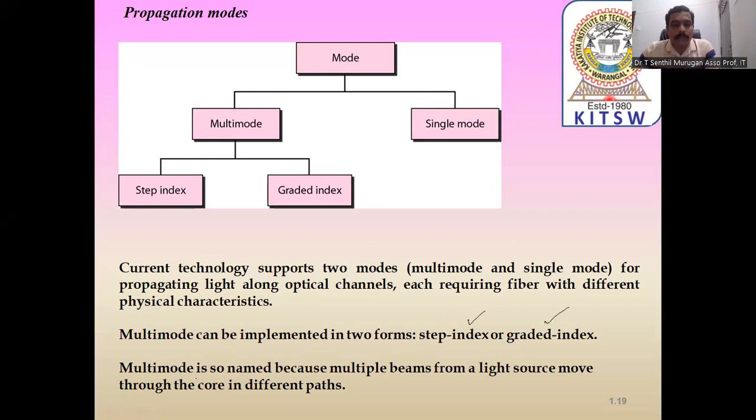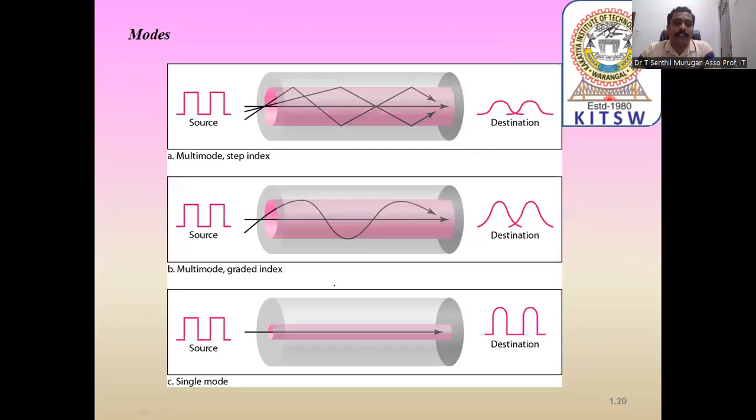What is multi-mode? Multi-mode means multiple beams of light sources move through the core. So in a single core, multiple signals are there. If multiple beams are transmitted in the core, then it is called multi-mode transmission.